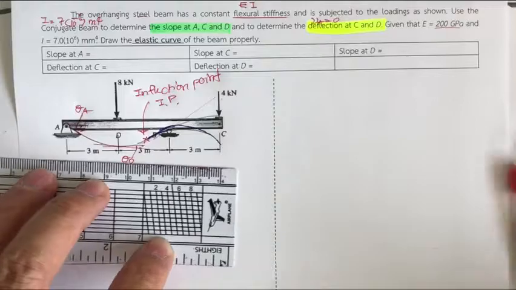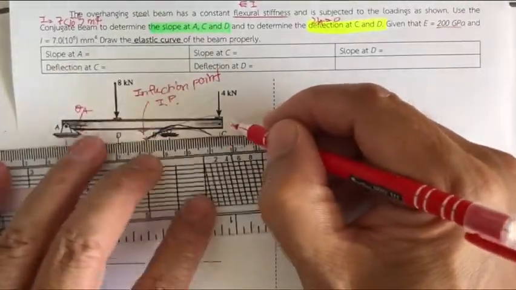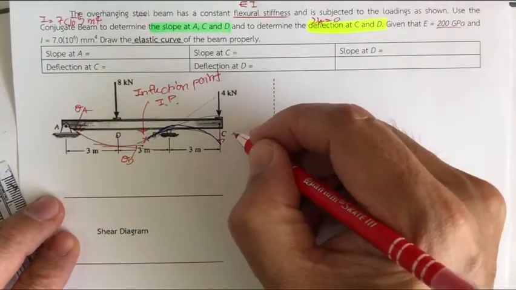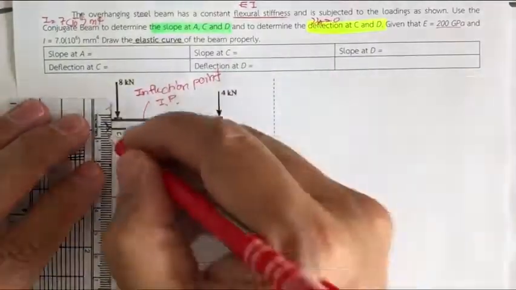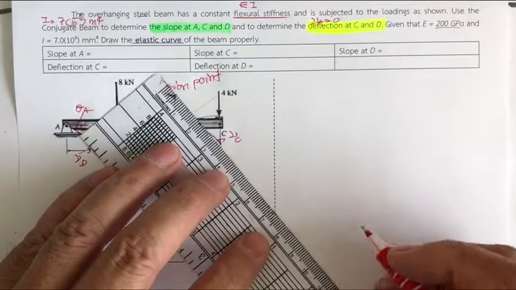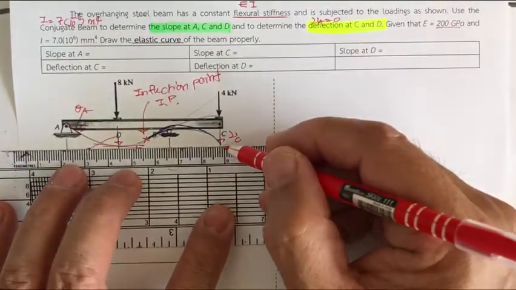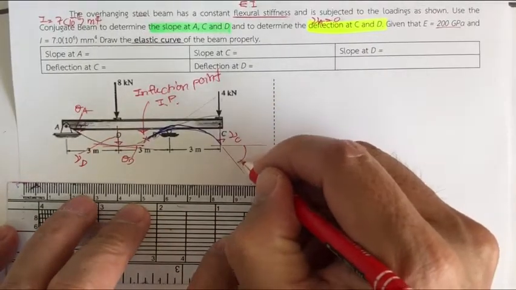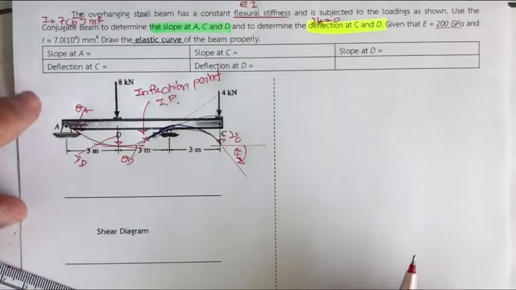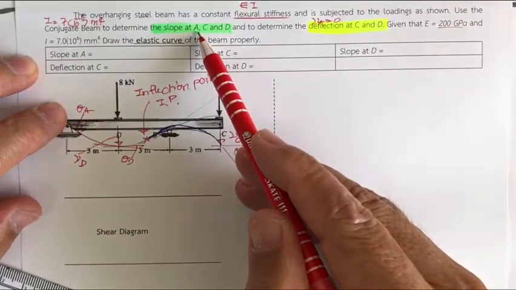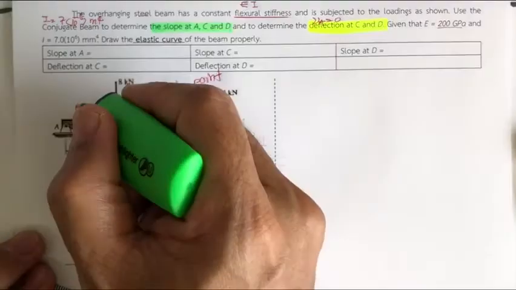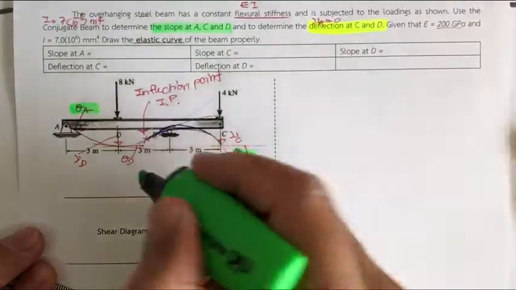But it's going to go down like this. If it goes down like this, what we have over here is going to be the deflection at D. That is, with C, that is v sub C. And this one is going to be v sub D. And also, this is going to be the slope, theta sub C. So that's going to ask us theta A, theta C, and theta D. So you may highlight this, this one, and this one.